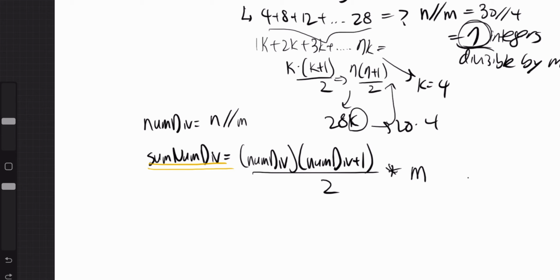Now we're pretty much done with the question, because remember, the total is simply equal to n times n plus 1 over 2. And we know the sum of the numbers that are divisible by m, which means the ones that are not divisible is simply the total minus the sum of num_div, right?